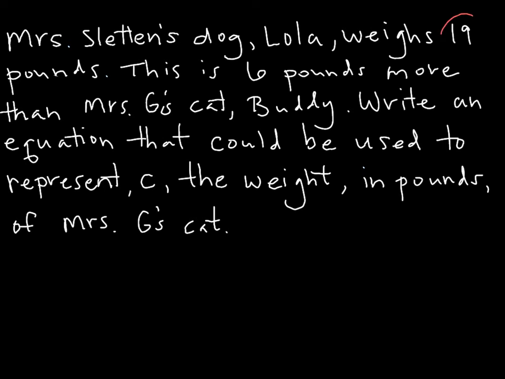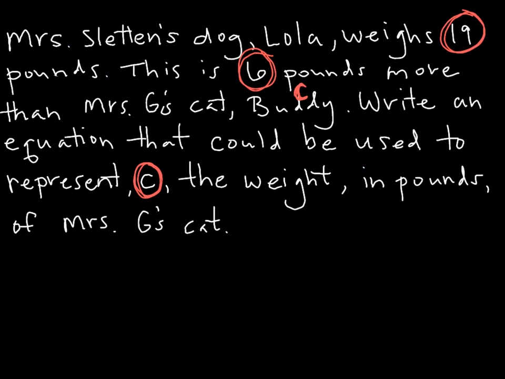I see 19, 6, and then write an equation that could be used to represent C. That's my variable that I'm going to use. And that C is the weight in pounds of Mrs. G's cat. So I'm actually going to go up by Buddy and write a C for the variable because that's what we're using that to represent.